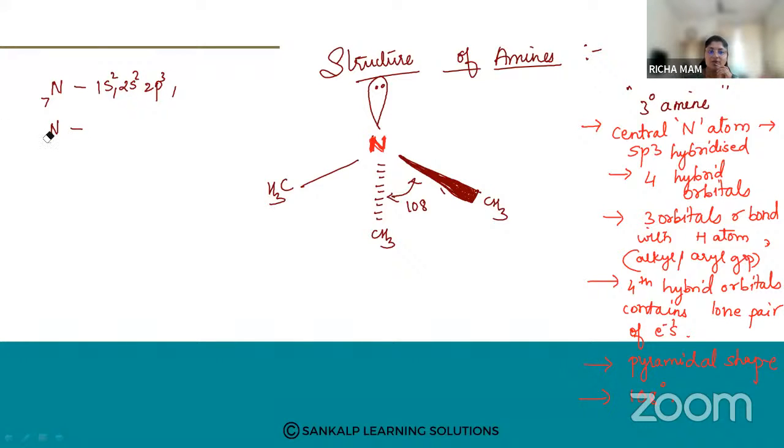We are going to consider the outer orbitals, that is 2s2 and 2p3. So this is the s and p orbital. When nitrogen gets excited, these are the inner orbitals, so we are not making use of them. Now what will happen?